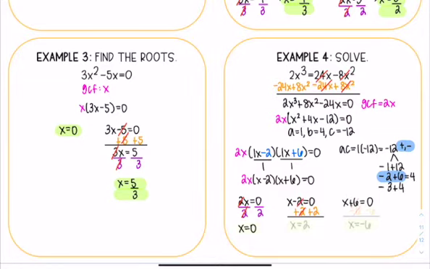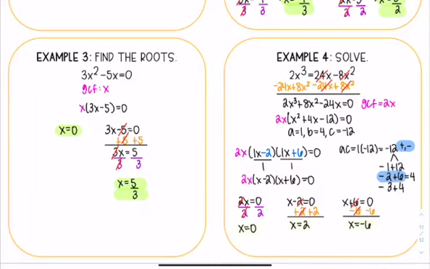And so we end up with our next solution, which is x equals 2. And then for x plus 6 equals 0, we're going to subtract 6 from both sides. And we end up with x equals negative 6 as our last solution.